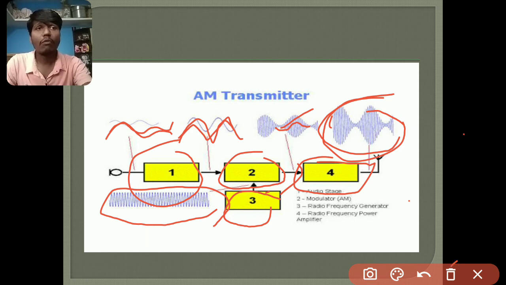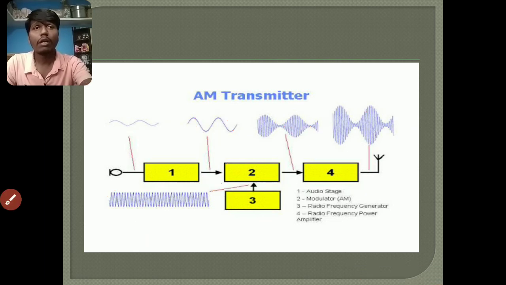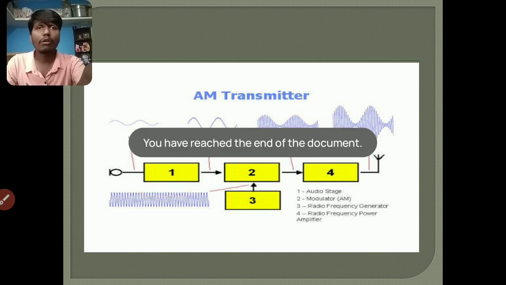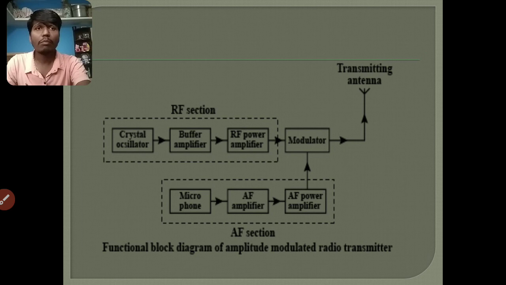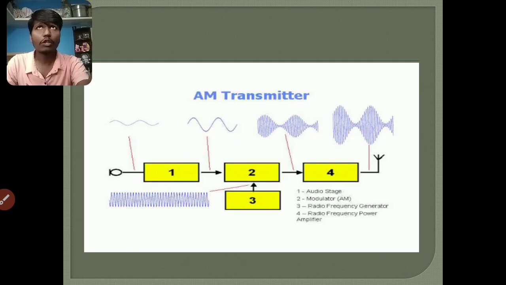This is the waveform of the block diagram of the AM transmitter. The first one is the input signal, that is the information of the audio signal from the microphone. It travels to the second, the buffer amplification process, and the buffer amplifier and RF output amplifier combine with the input signal and go to the modulator.